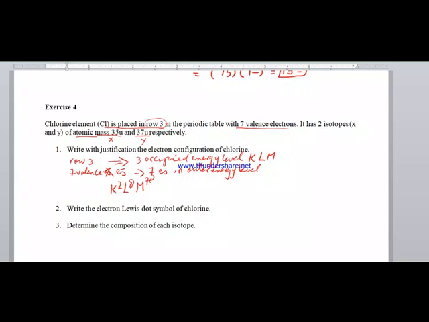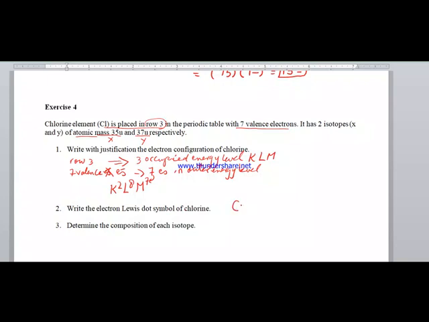We justify it as follows: row 3 means 3 occupied energy levels, 7 valence electrons, and 7 electrons in the outer energy level. In the last energy level I have 7 electrons, so the electron configuration is K2L8M7. Write the Lewis dot symbol of chlorine.